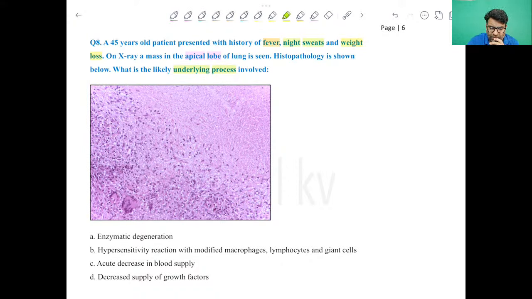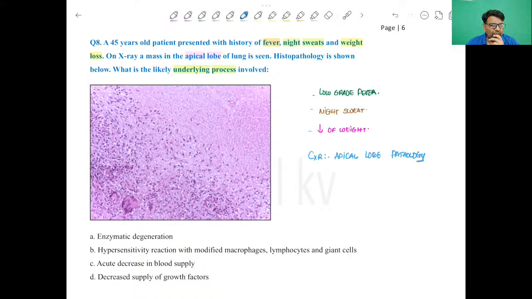Firstly, we have to think of what condition it can be: low grade fever, especially in the evening, then night sweats, and loss of weight. And this is supplemented by a chest X-ray showing an apical lobe lesion.